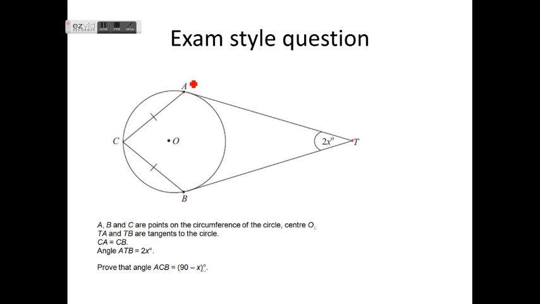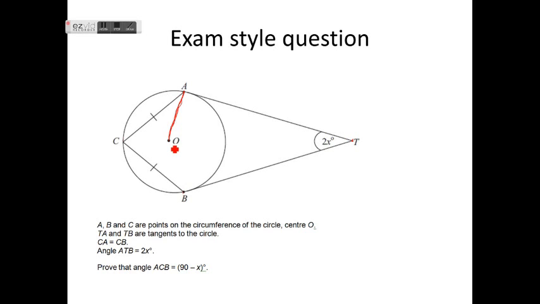So let's have a look. The first thing I would want to look at is, if you guys remember, the tangent from a point to the circumference meets the radius at a 90-degree angle.